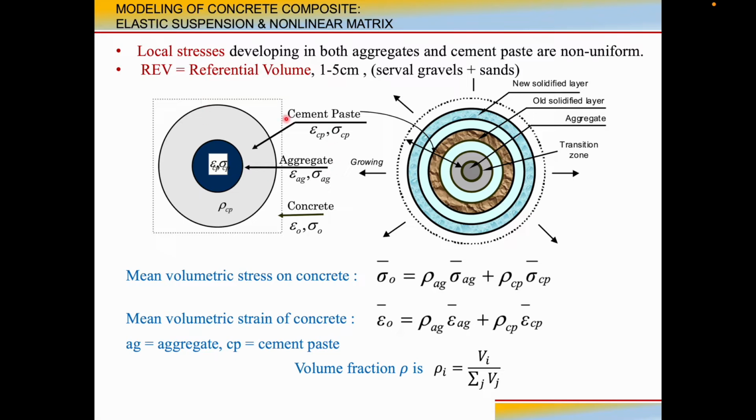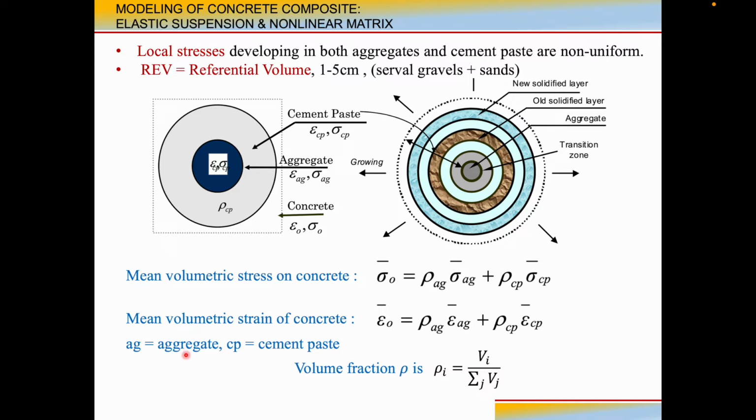Here the authors define the referential volume, or RV, whose scale is about 1 to 5 centimeters, and it includes several gravels and sands. The volumetric stress acting on concrete can be calculated by this equation, and the volumetric strain of concrete can be calculated by this equation.